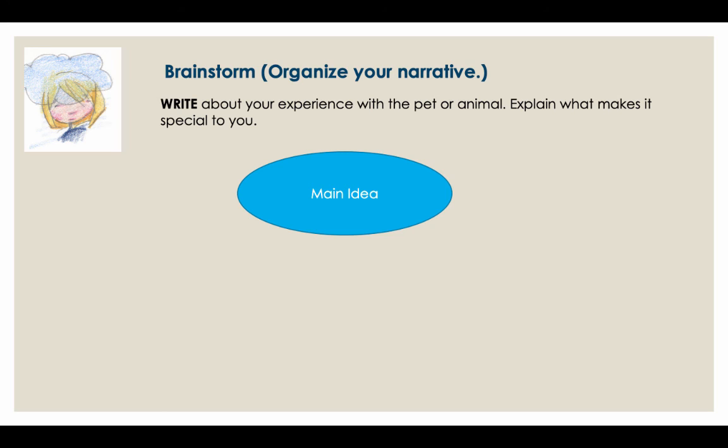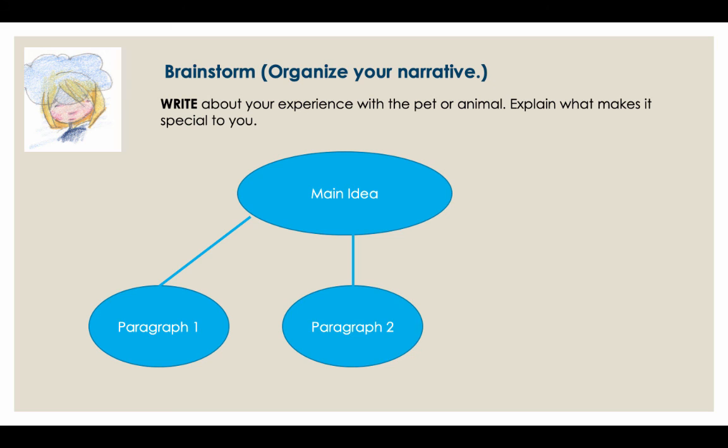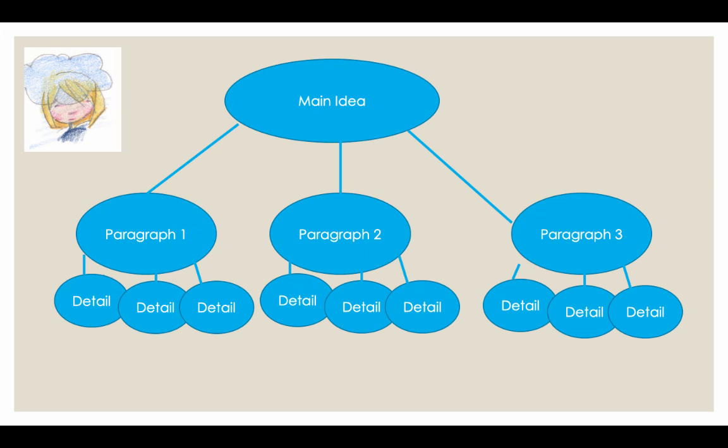And write down your main idea. Once you get the main idea, decide how many paragraphs and put the idea that you're going to talk about in that specific paragraph. One big idea per paragraph. Once you get those paragraphs decided, then you'll put your detail in.